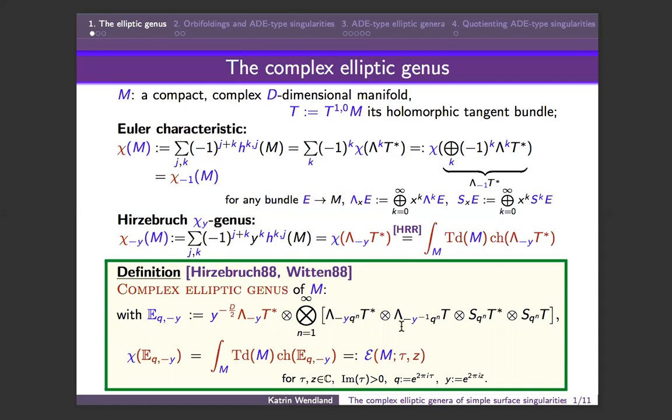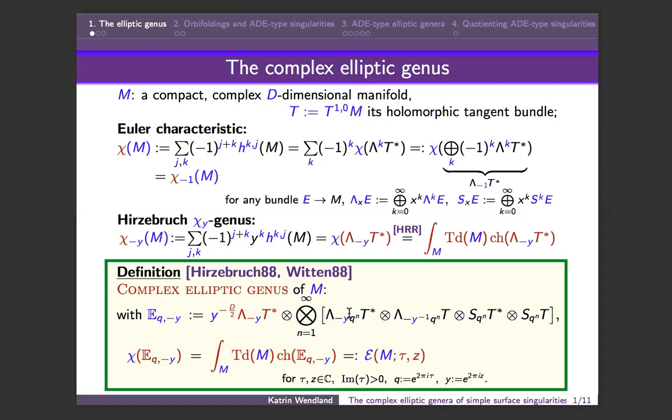If you insert q equal to 0 here, then all these guys here become just trivial line bundles and essentially go away under the product here. And then we're back to that virtual bundle here up to a prefactor, which at the moment is just a decoration.